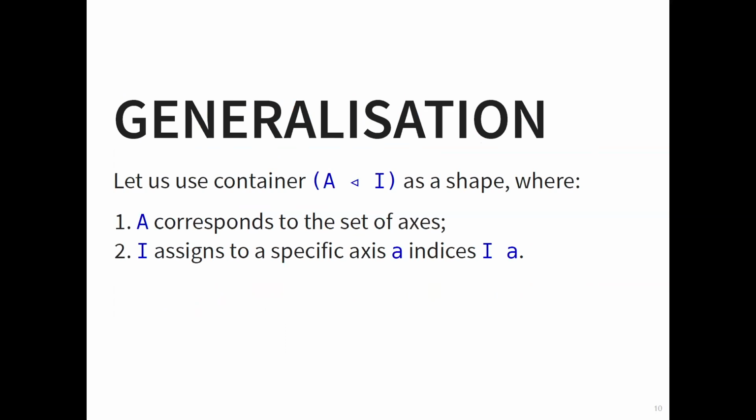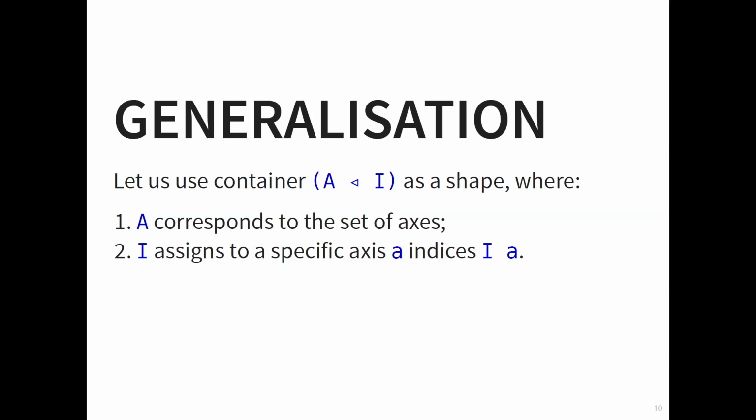From array languages, we know that the key to any representation is how rich your shape structure is. If your shape structure is rich enough, then you can define many very interesting combinators and your life is good. So what is the richest structure we could possibly think of? Maybe container itself. So what if we use containers as the shapes of our arrays?